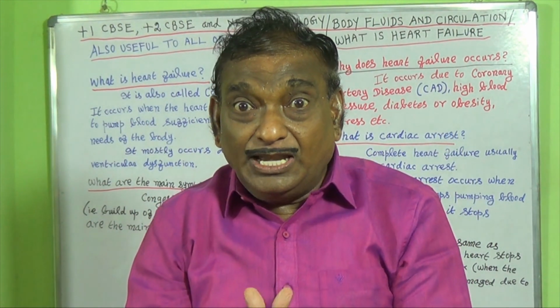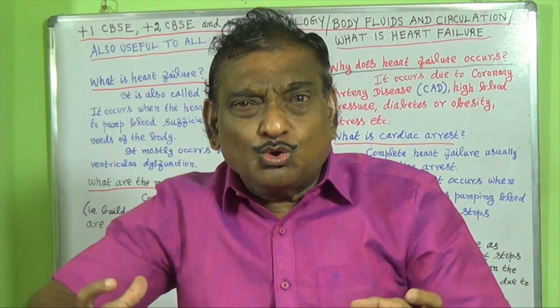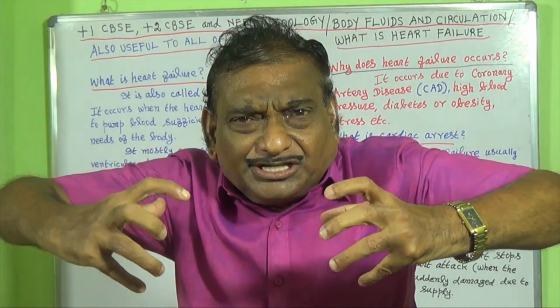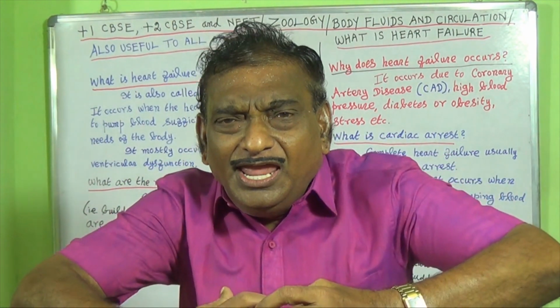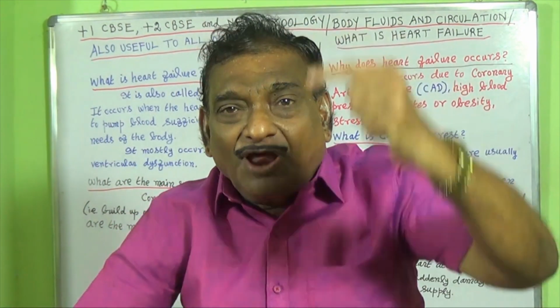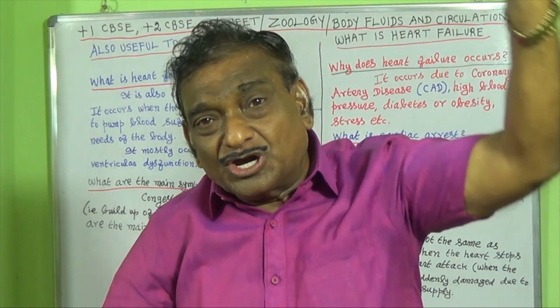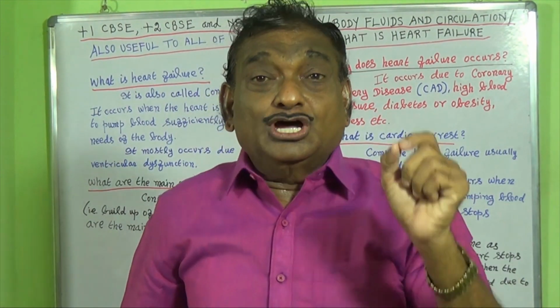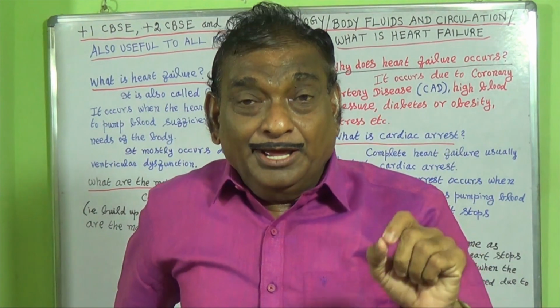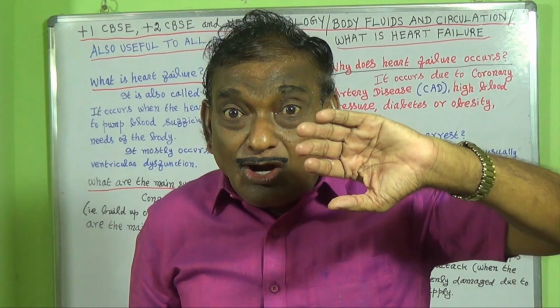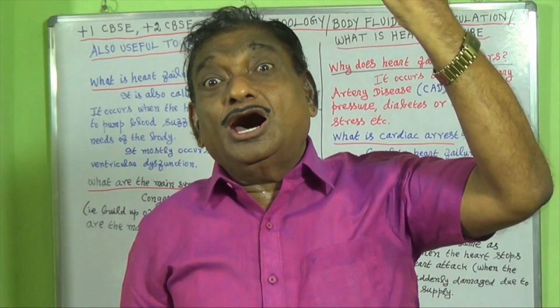So the left ventricle has to contract with greater force, then only it can pump blood from the heart to all parts of the body, because the shoulder, head, brain are all situated above the heart.